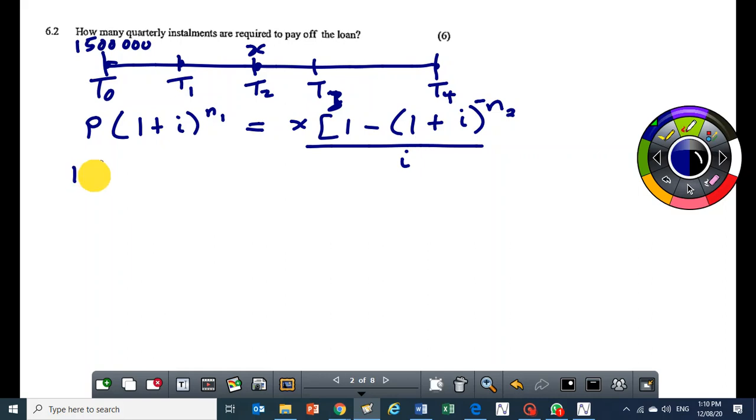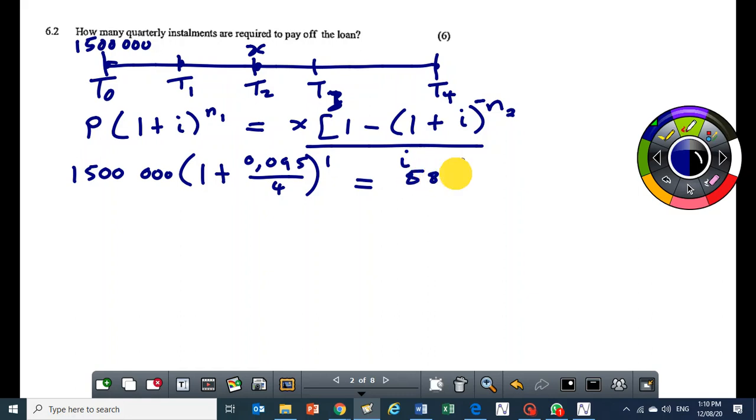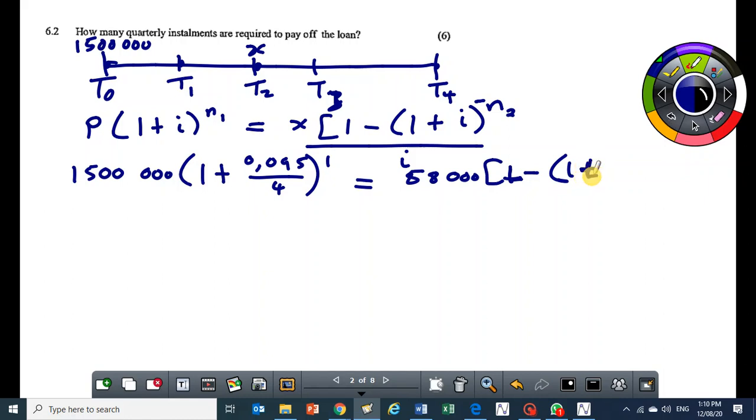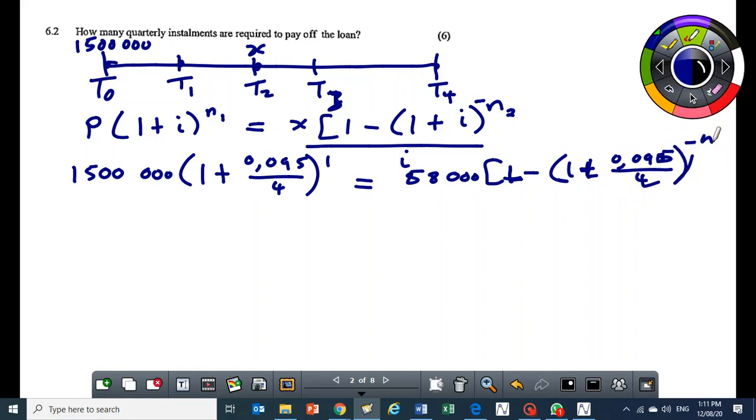So we are going to have 1,500,000 times (1 plus i). Our interest is 9.5% compounded quarterly, so that's 0.095 over 4, all raised to the power of 1, and that's equal to X. Now, X is 58,000, times (1 minus (1 plus 0.095 over 4) raised to the power of minus n).